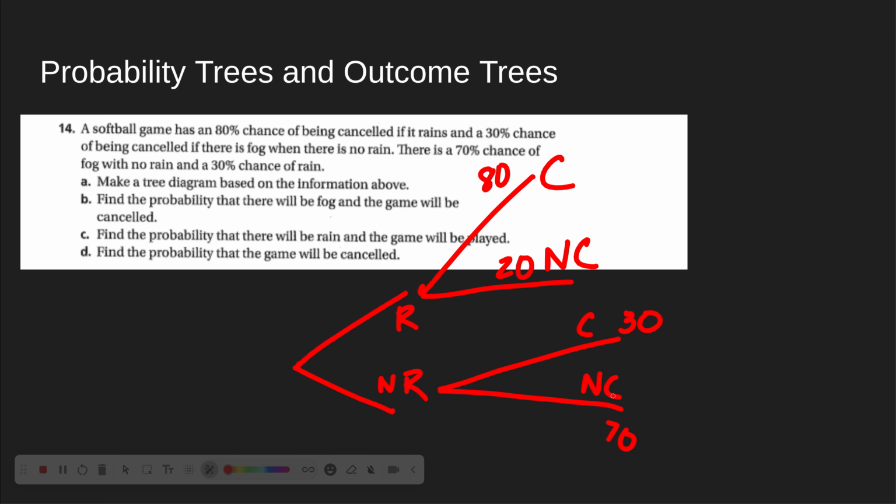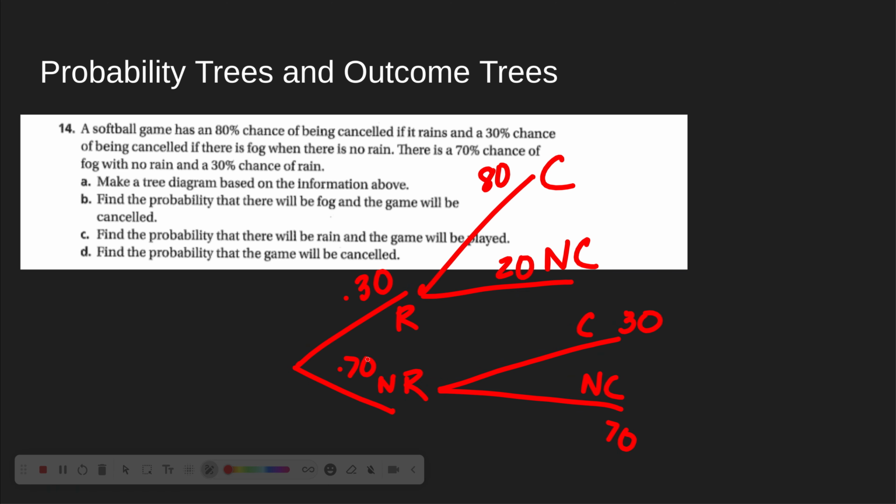I don't think it's a 30% chance of being canceled by the fog, but whatever. So here's what we have. It rains, it doesn't rain, and then in each situation, it gets canceled and it doesn't get canceled. We have a 30% chance of rain and a 70% chance of no rain.